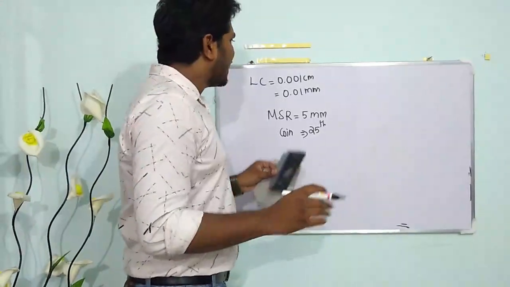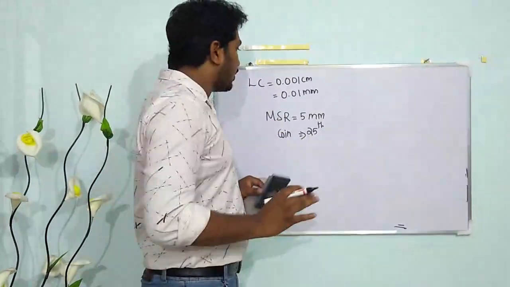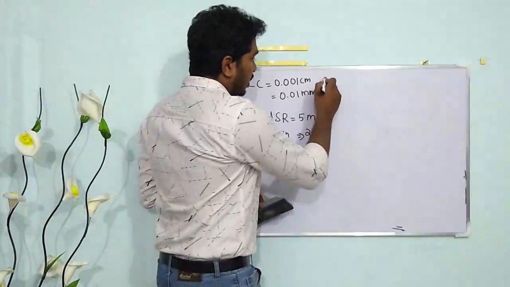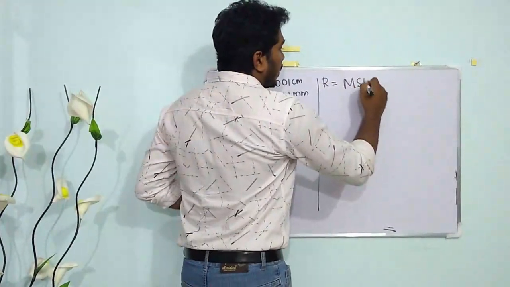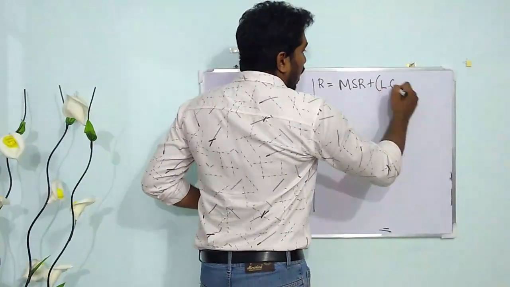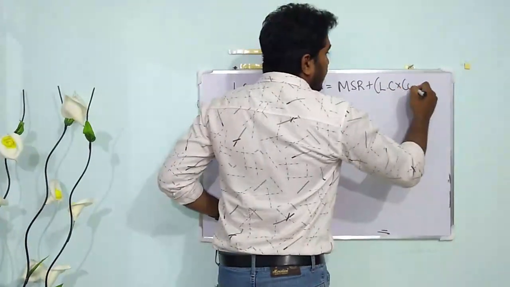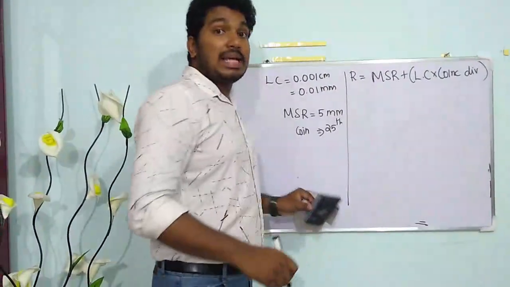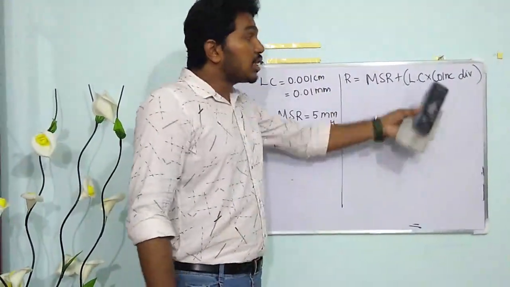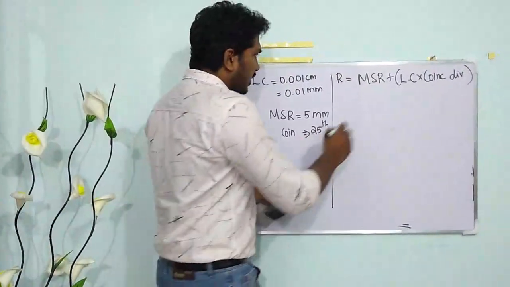Okay. Now, the general formula for determining the reading of a screw gauge is reading is equal to main scale reading plus least count into coinciding division. So let's find the answer.